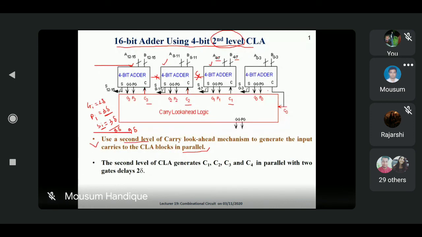And remember, this particular rectangular box generates the carries in parallel fashion. It is not like first C1 is generated, after that C2 is generated, after a few times C3 is generated. Parallelly means at a particular one shot, all the carries are generated. So some particular fixed time is required.